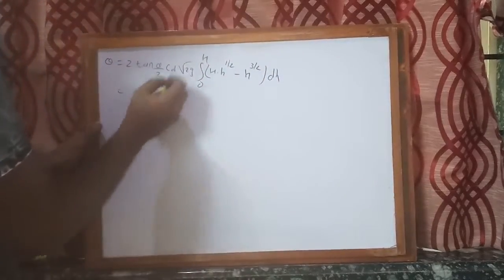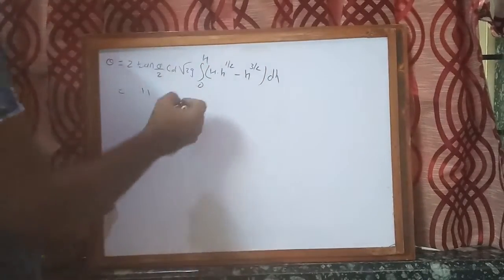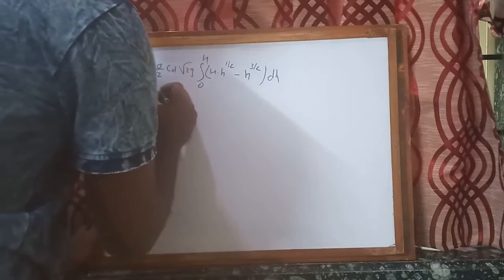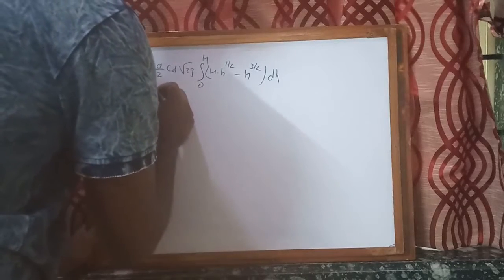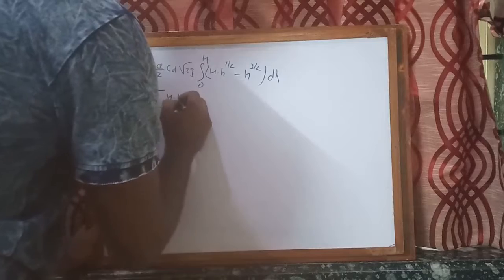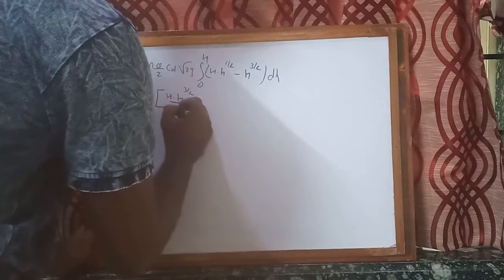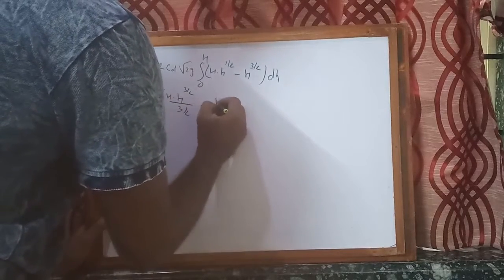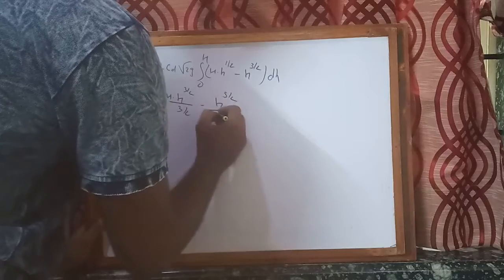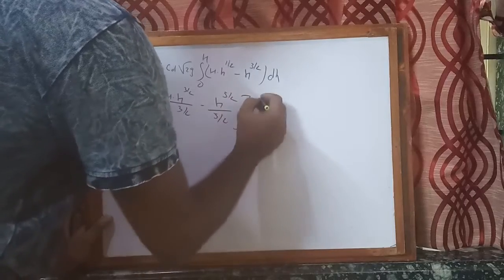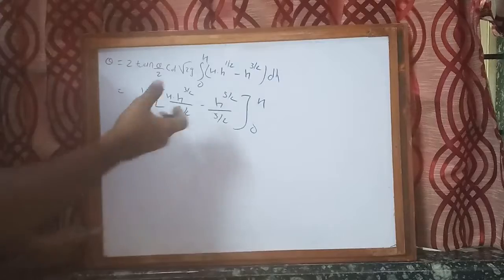So let's integrate this. When we integrate, what will we get? This will be h to 3 by 2 by 3 by 2 minus h to 5 by 2 by 5 by 2, equal to h.